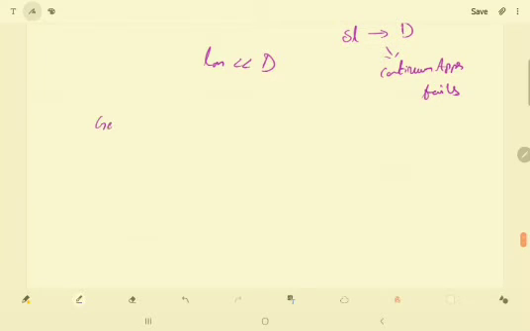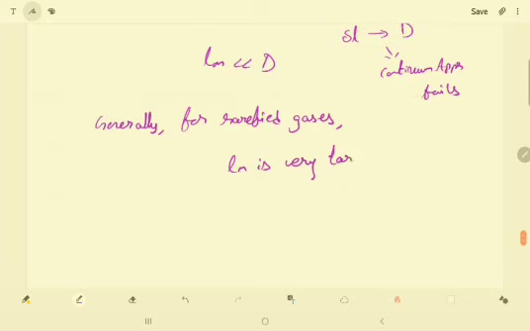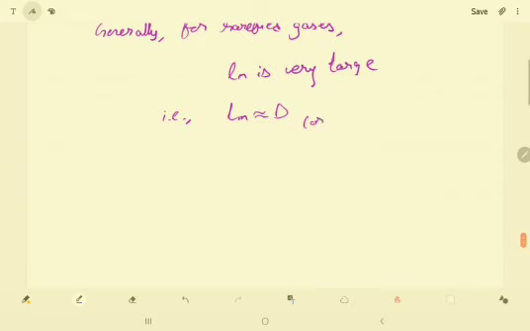Generally, for rarefied gases, Lm is very large. That is, Lm is comparably equal to the diameter of the pipe, or Lm can be greater than it.